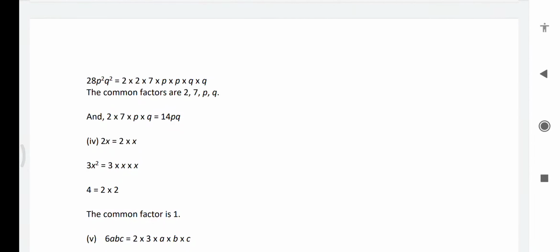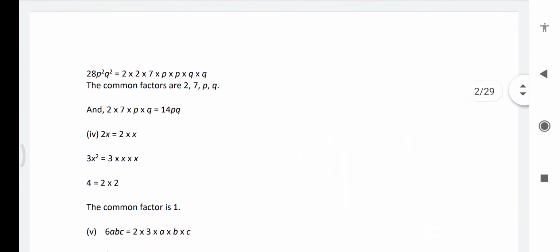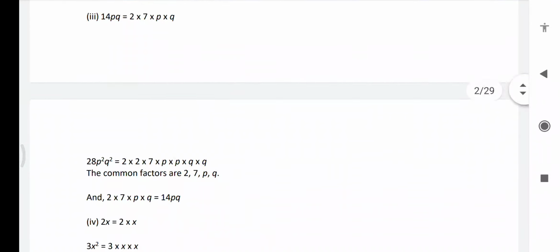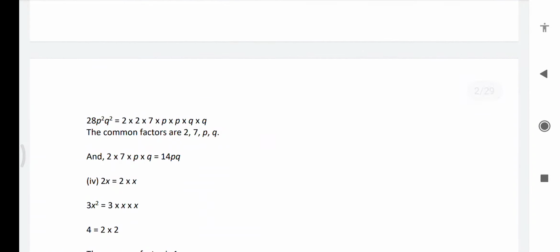So common factors now. Underline. 2 and 2, 7 and 7, P and P, Q and Q. So the answer we will write 2 multiply 7 multiply P multiply Q. 2 7 ja 14, PQ is the common factor.